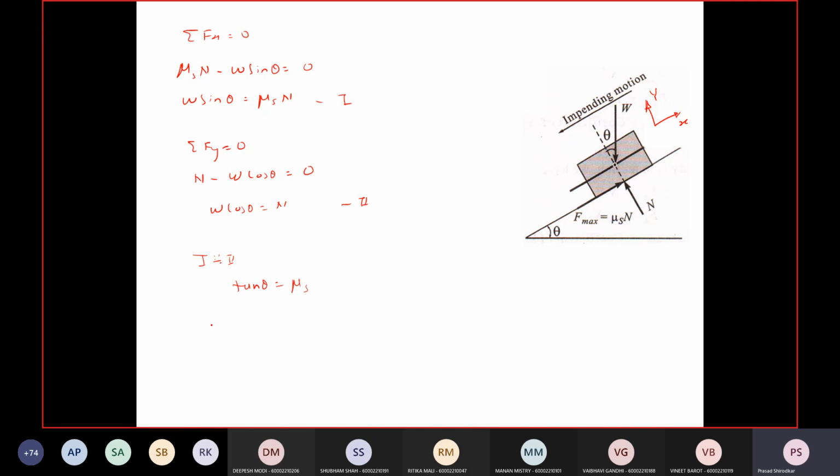So if you remember, this was also equal to tan phi, as we had discussed in the earlier section. So angle of friction is in fact equal to the angle of repose.